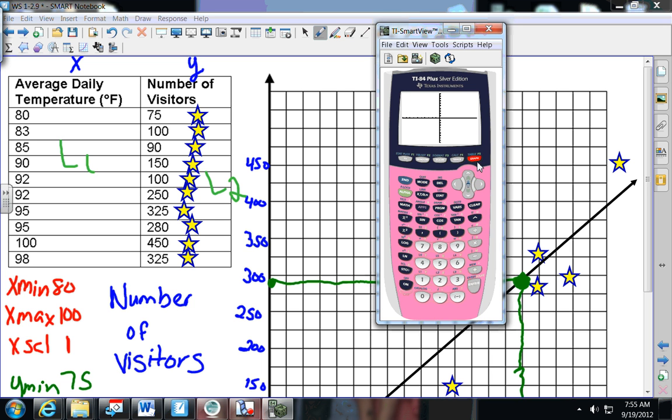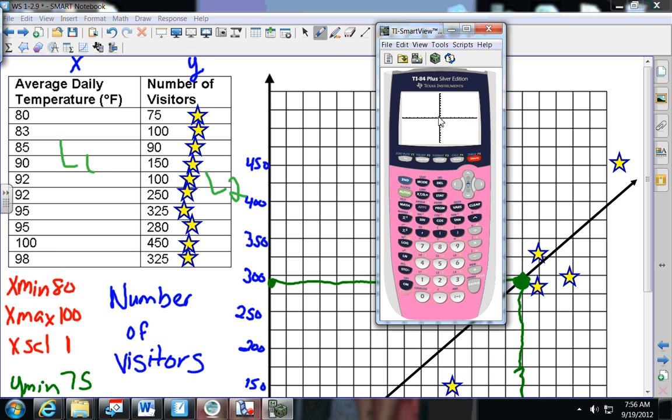Now if I press graph, it should graph these points. But right now, look in my window screen right here, what does this go out to? Does anybody know? How many? 1, 2, 3, 4, 5.